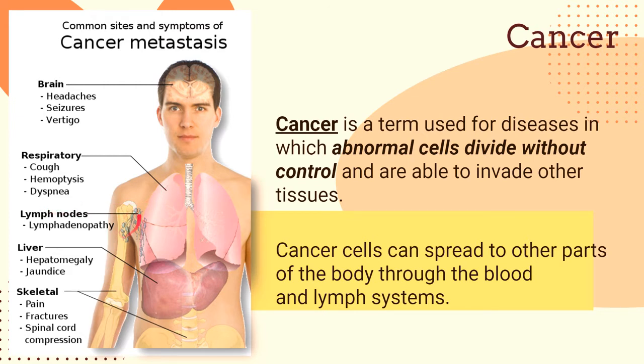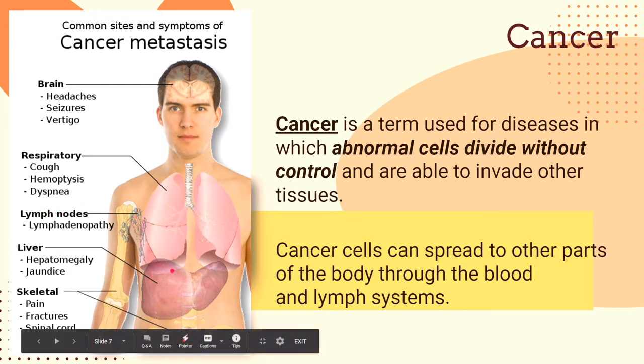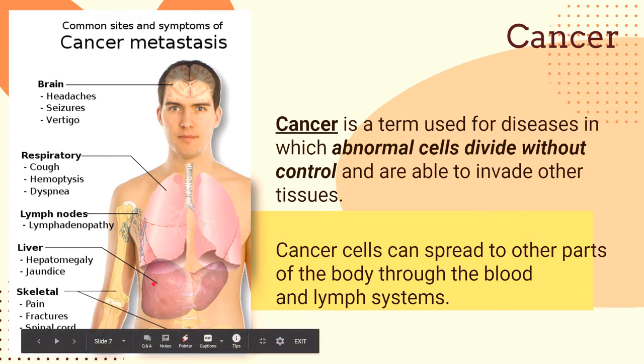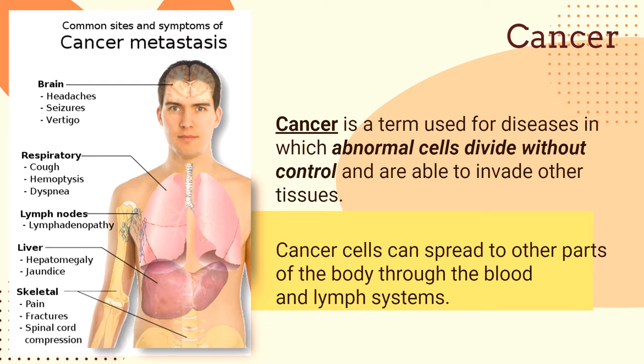Lymph nodes also, and the liver: hepatomegaly or enlargement of the liver, and then jaundice, that's the yellowing of the skin due to liver failure. Skeletal cancer, such as body pain or bone pain, fractures, and spinal cord compression.